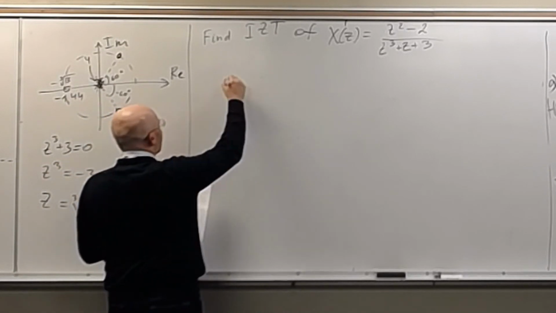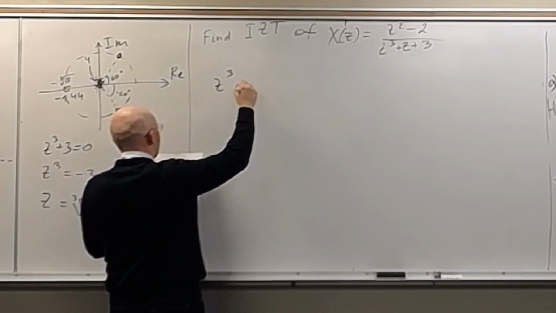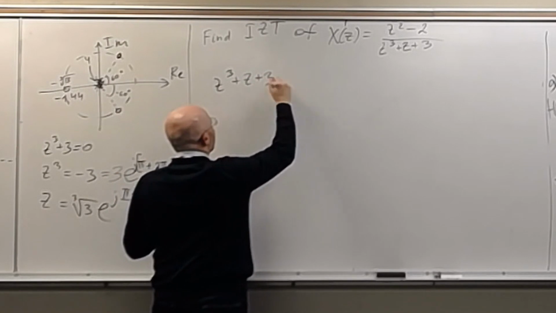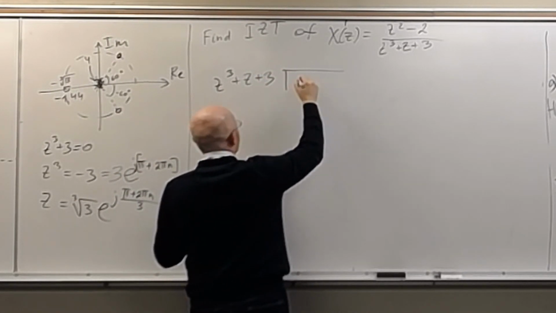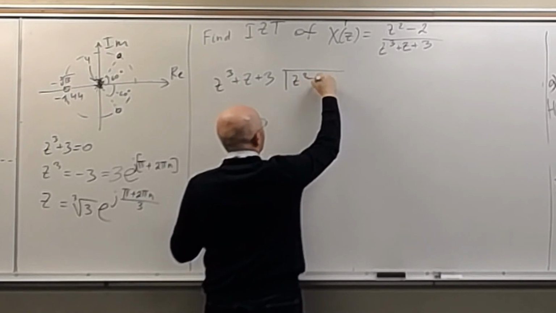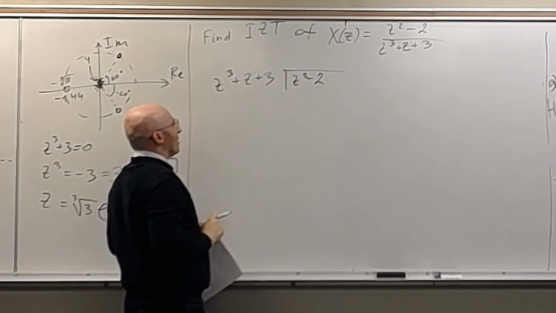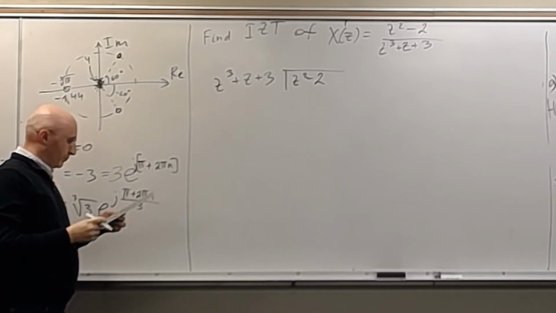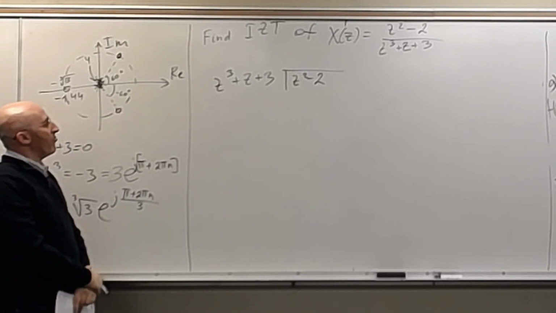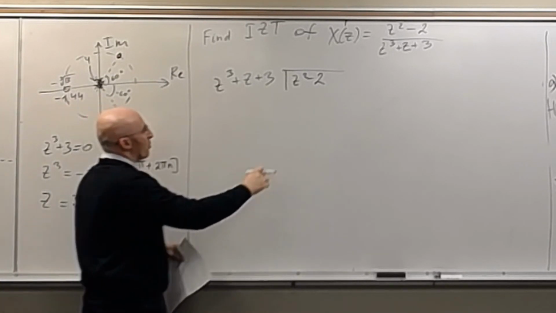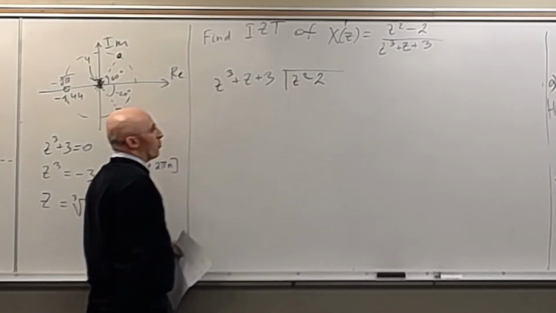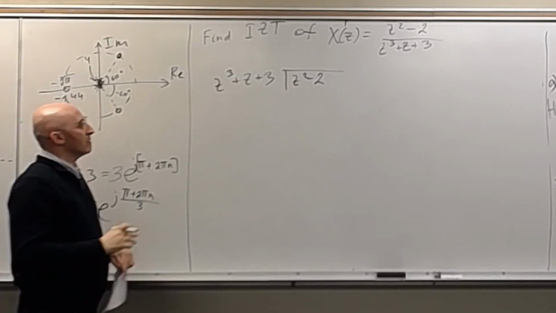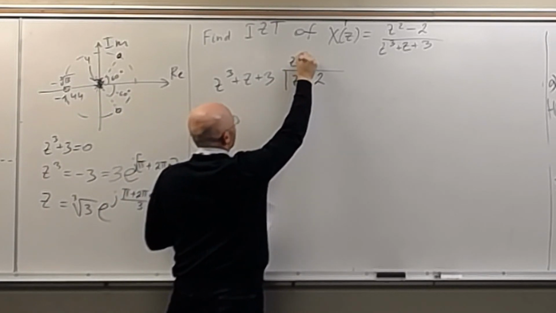So this is what you will get. Here you will have something that you divide, and here you will write the answer. Now, what is the first thing which I need to multiply by that thing to get Z squared? Z to minus 1.